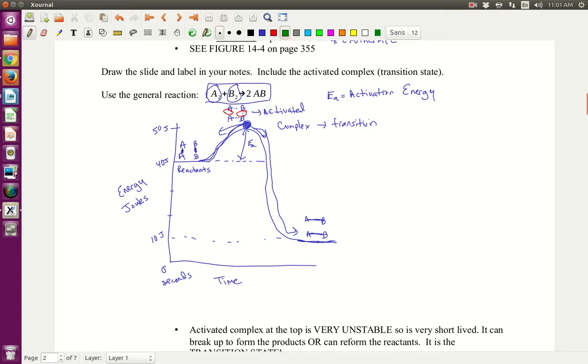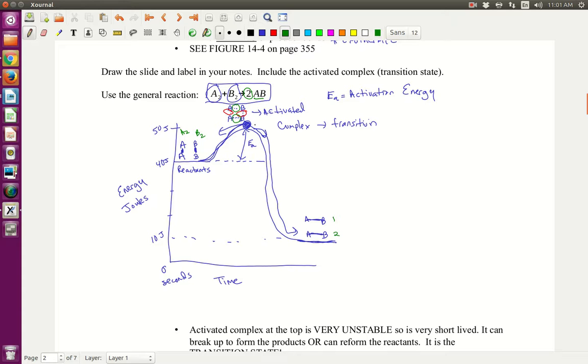And in the transition state, these bonds are making. So we're breaking the red bonds, that's between the original reactants, and we're making bonds between the products. So you'll notice we have two ABs in the product side. There they are, two of them, two ABs. And on the reactant side, we had an A2 molecule and a B2 molecule.